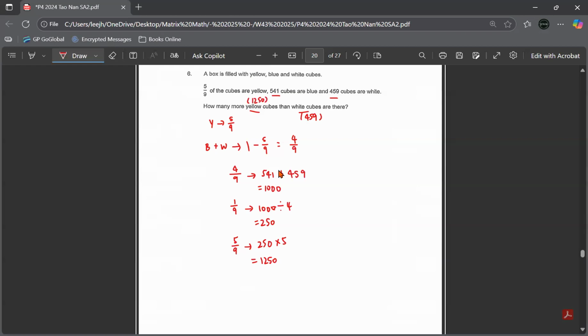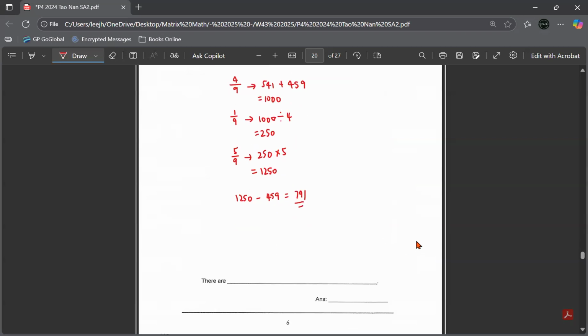So the difference between yellow and white, 1250 minus 459. Answer is 791. So you fill up: there are 791 more yellow cubes than white cubes. So you write down here 791 more.